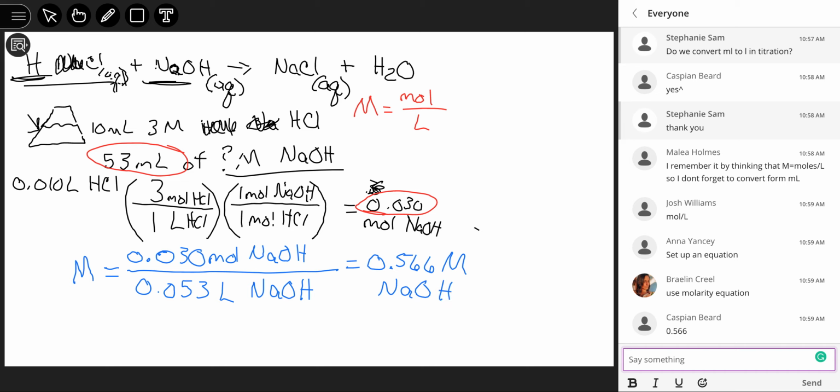All right. So there are a couple things to make note of here. One is that if you're going volume to moles, use molarity.